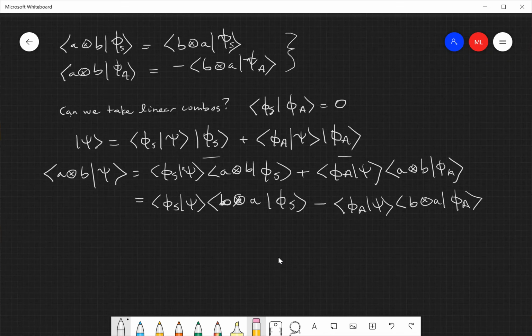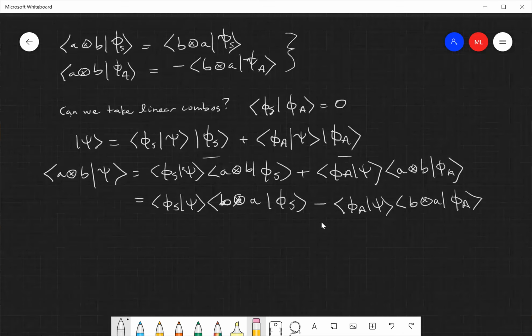And this is a problem because this means that the state is no longer either symmetric or anti-symmetric under particle exchange. We showed that generally if you have identical particles, your state must be symmetric or anti-symmetric.